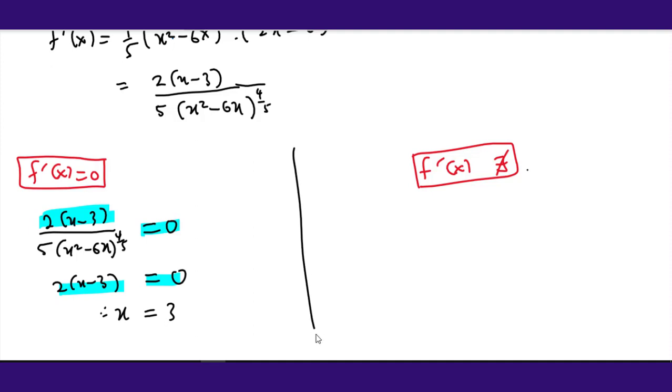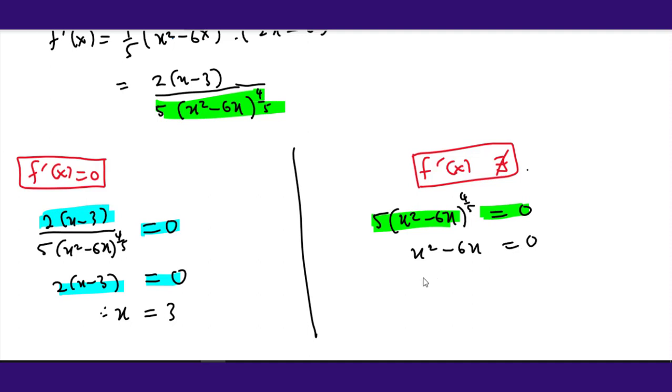Next, when f prime of x does not exist or is undefined, it happens when the denominator is equal to 0. So 5 times x squared minus 6x to the power of 4 over 5 is equal to 0, so x squared minus 6x is equal to 0. Factorize, and then x is equal to 0 or x is equal to 6.